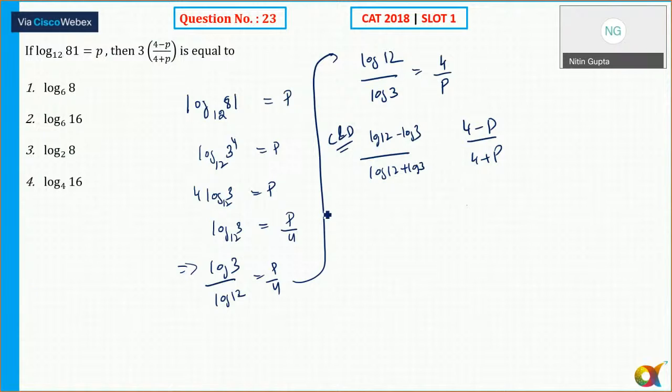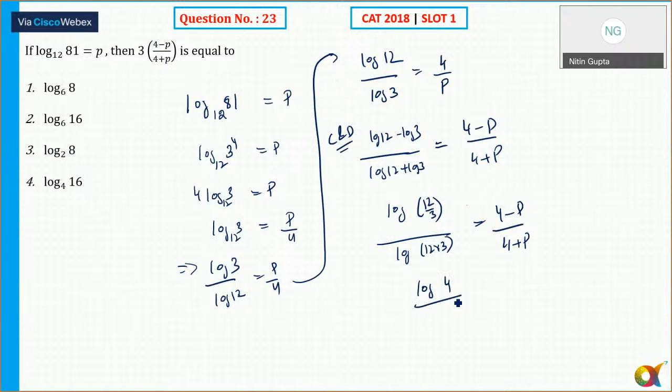Okay. So log A minus log B is equal to log A by B, and log A plus log B is equal to log A into B. So log of 12 into 3 is equal to 4 minus P upon 4 plus P. So it means that log 4 upon log of 36 is equal to 4 minus P upon 4 plus P. Log 4 is equal to 2 log 2, log 2 square.